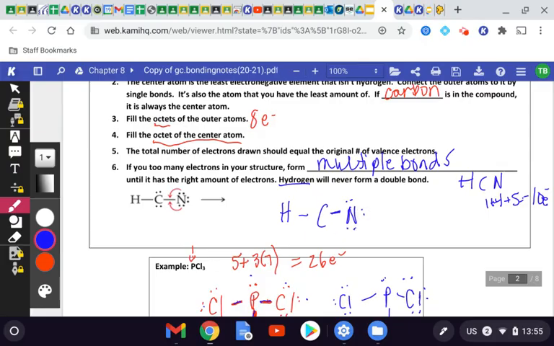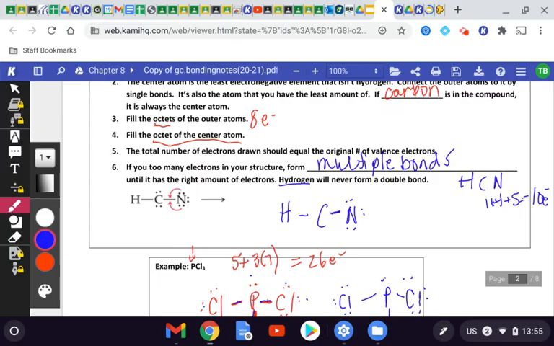Now hydrogen technically has its octet. Hydrogen is in period 1, energy level 1. Its electron configuration is 1s1. In energy level 1, the max amount of electrons something can have is 2. So hydrogen, if it was at 1s2, would be completely full, and that would be it.